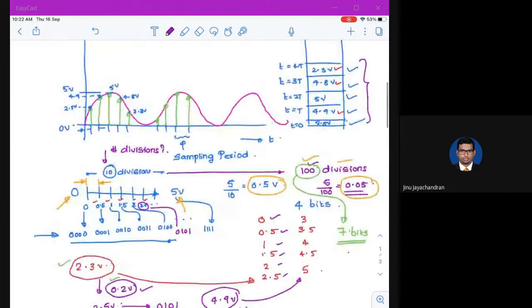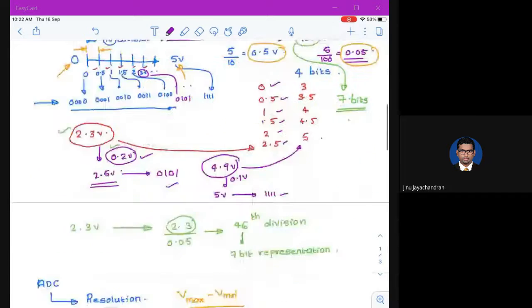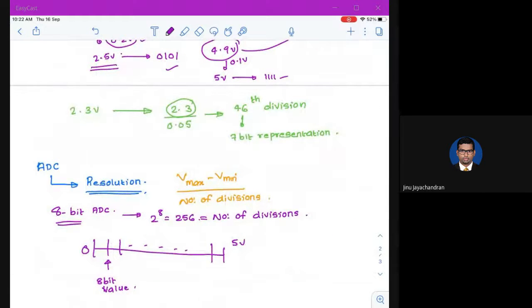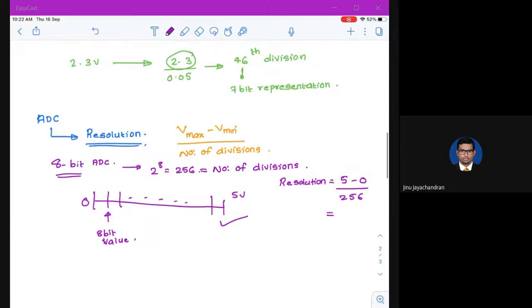Okay, instead of coming from divisions to the bits, I'm going from bits to divisions. So the resolution is, in this case, you have from 0 to 5 volt, so 5 minus 0 by 256. This much voltage is the resolution.